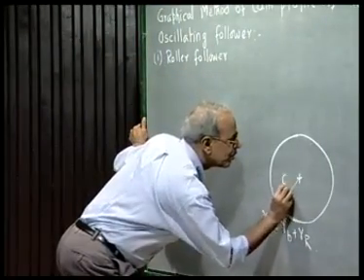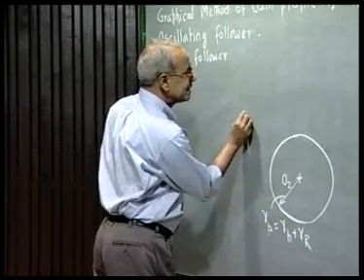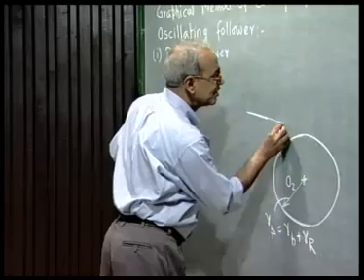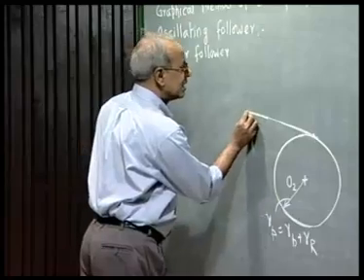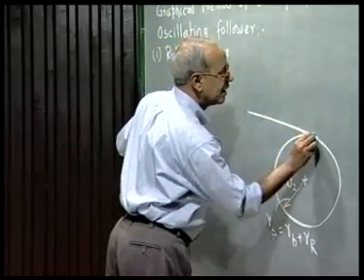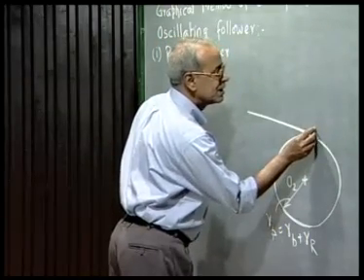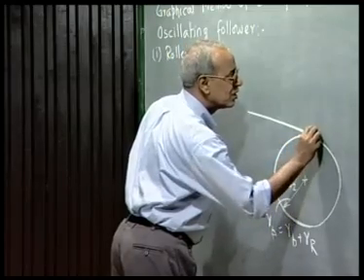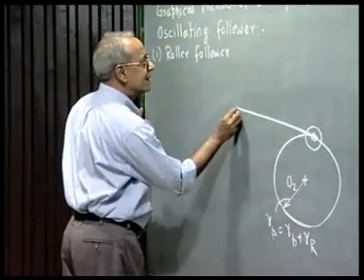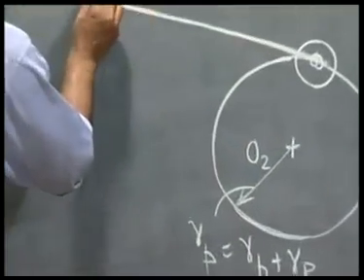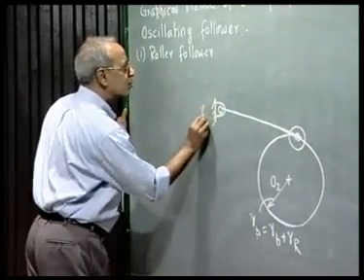This point we called O2. Suppose this is the roller center at the lowest most position, and this roller follower is say hinged here to the fixed link. This point we called O3.